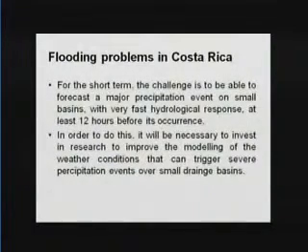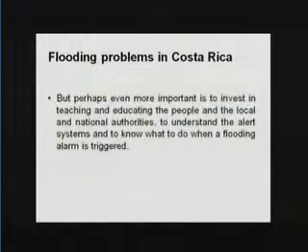And for the short term, the challenge for the country is to be able to forecast a major precipitation event on small basins with very fast hydrological response at least 12 hours ahead of its occurrence. So, in order to do this, it will be necessary to invest in meteorological research, to improve the modeling of weather conditions, just to get the knowledge of what triggers severe precipitation events over small mountainous drainage basins.